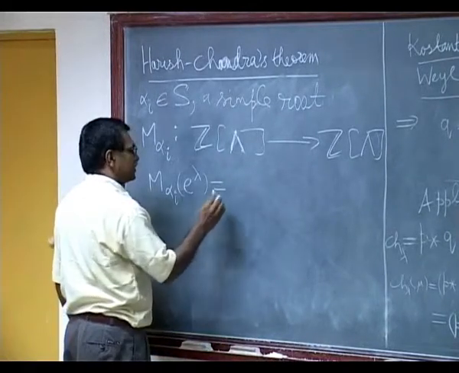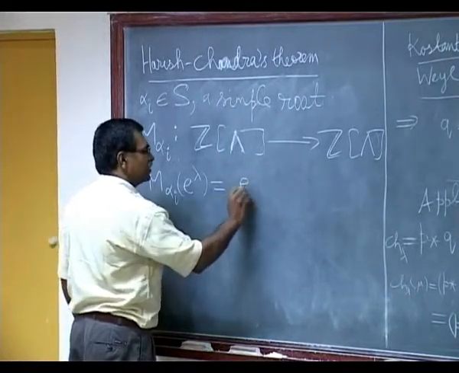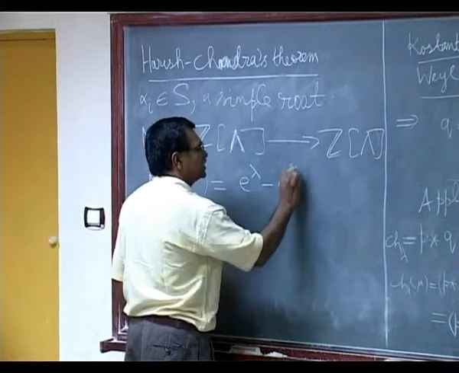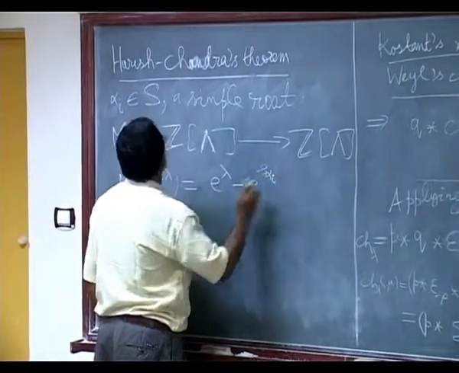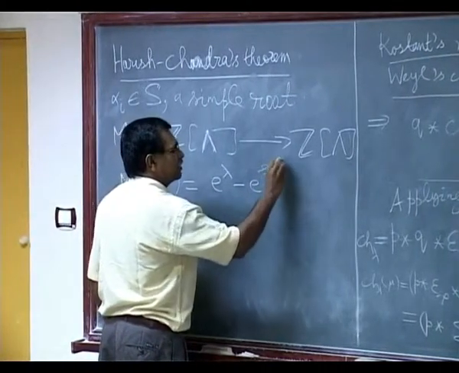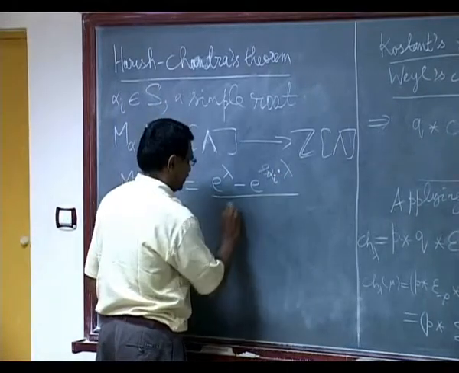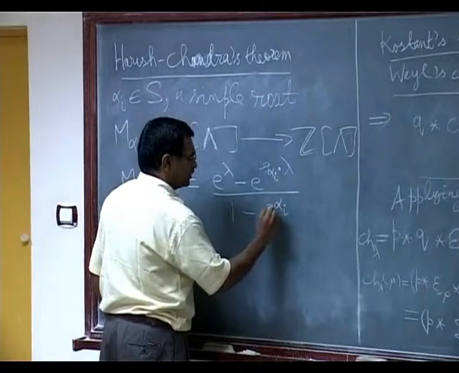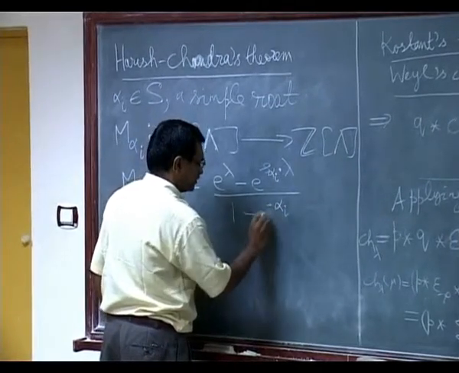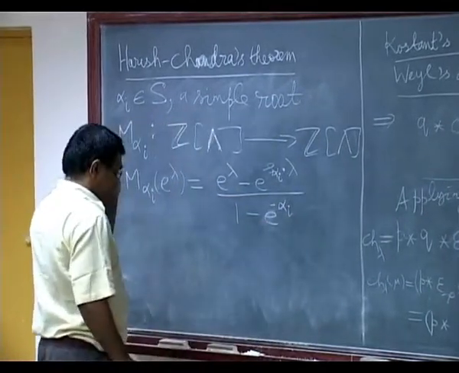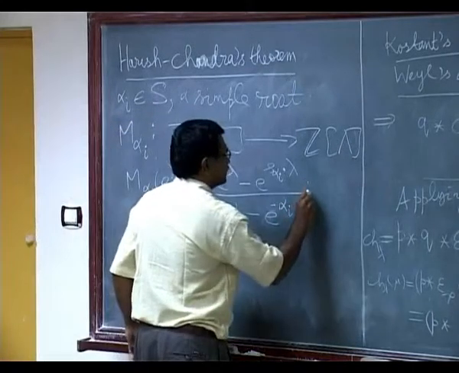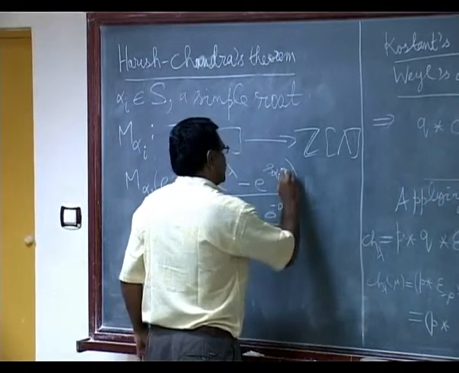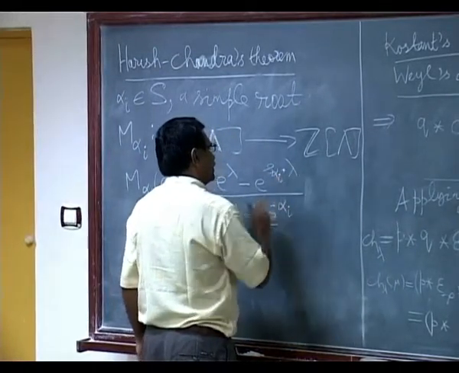This is e power lambda minus e power s alpha I dot lambda divided by 1 minus e power alpha I. Okay.